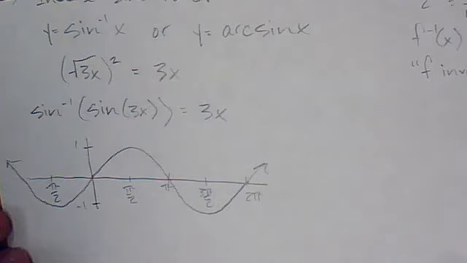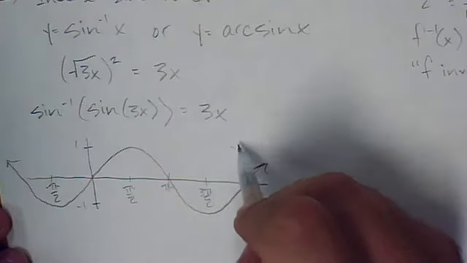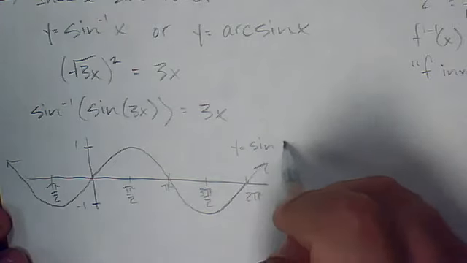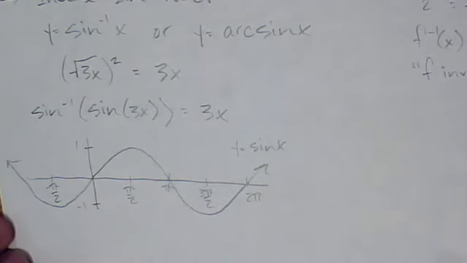Now this graph, this is y equals sine x. This graph is obviously a function. It passes the vertical line test. It's one of your trig functions.